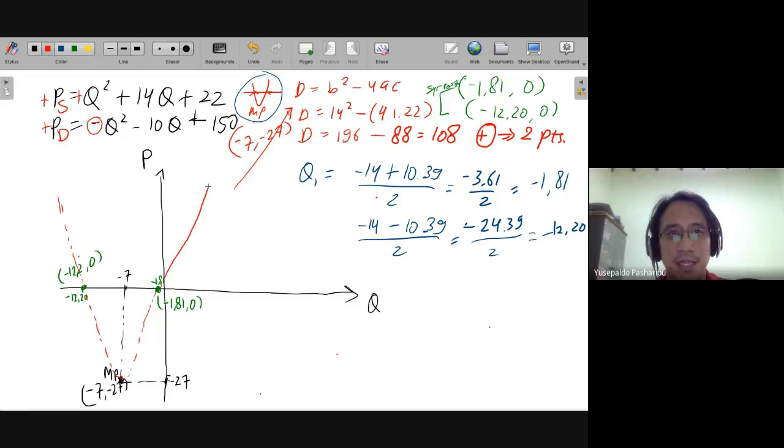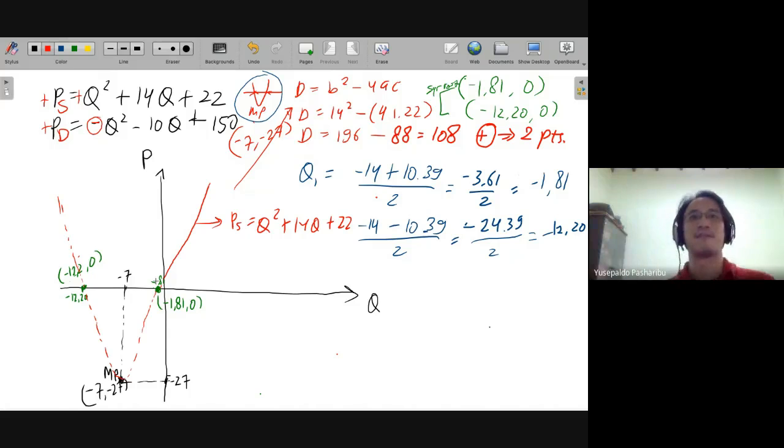This is the parabola that shows up in quadrant 1, and we only use this graph actually. This is for PS equals Q squared plus 14Q plus 22. If the price goes up, then the quantity supplied will go up too.